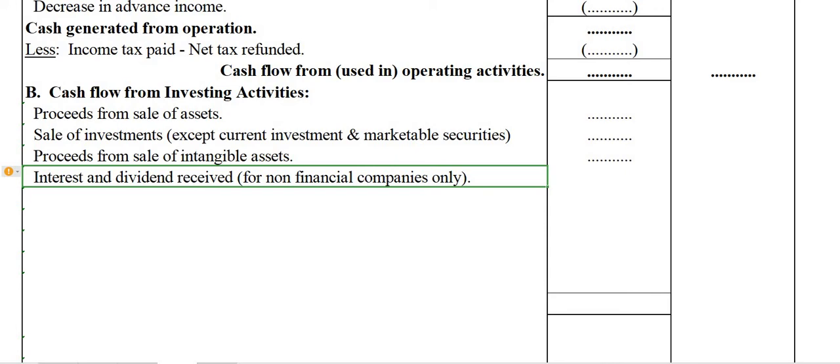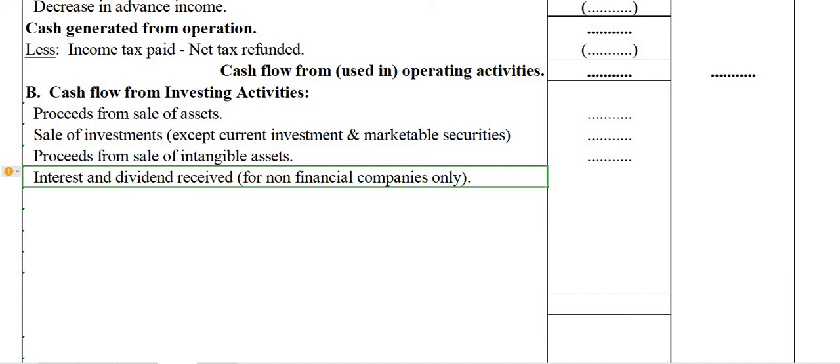Why? Financing companies are undertaken for doing financial services like accepting deposits or lending loans, all those things. Since it is their regular activity, it should be shown in the operating activity only, as their operating income. So we cannot show that here.